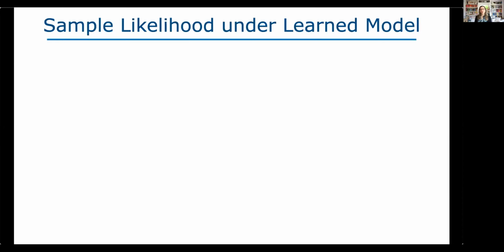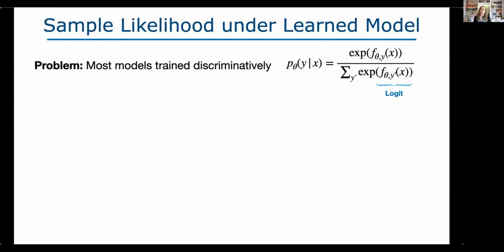To do that, we started thinking about the likelihood under a given model for a particular sample. Now, of course, the problem is that the majority of our models are discriminatively trained, which means that we have access only to this output prediction, which gives us the probability of a particular label given the input.